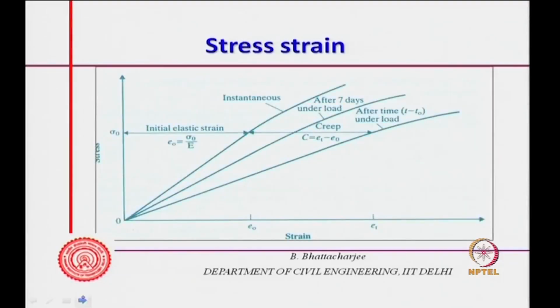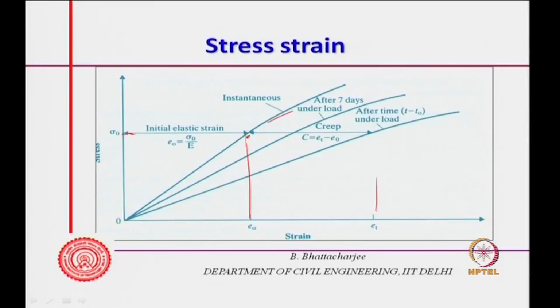If you look at the stress strain diagram, the stress is sigma 0, the same stress. Instantaneously, epsilon 0 is this much. So, this is my initial elastic strain. This is the stress, this is the strain. As I increase my stress, it reaches this strain, and let me keep it there, not increase it further.